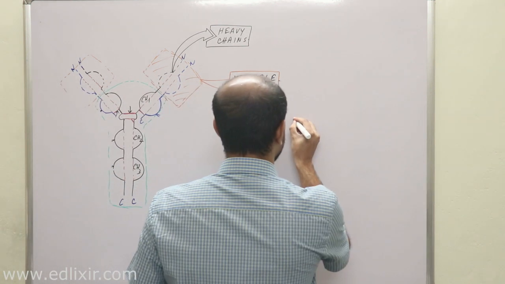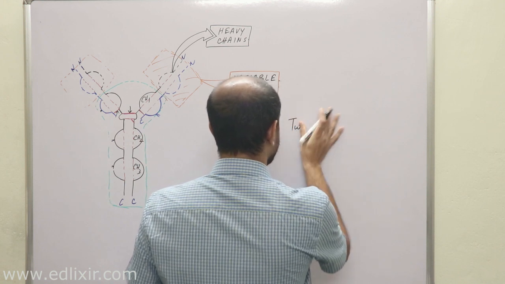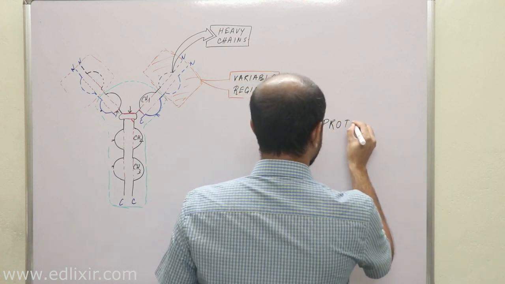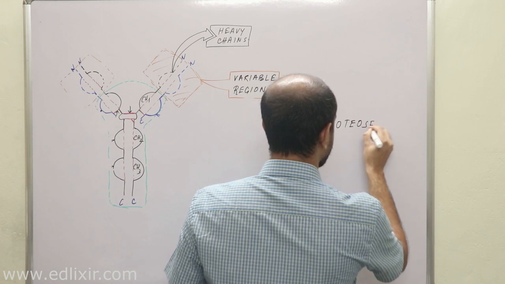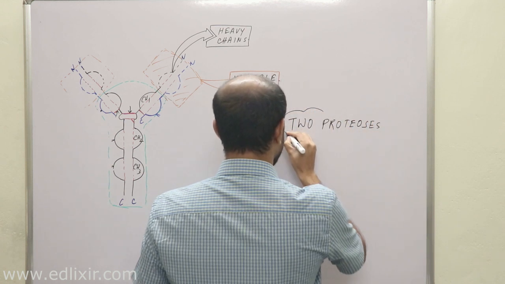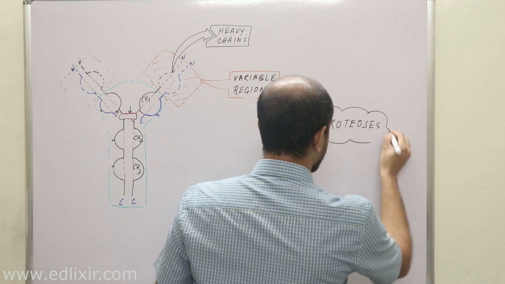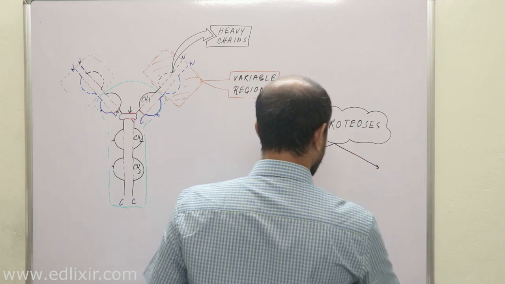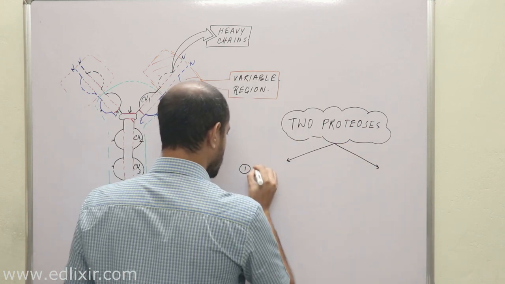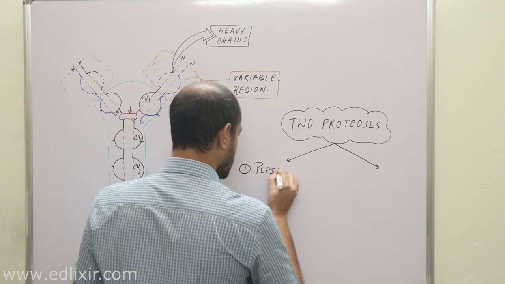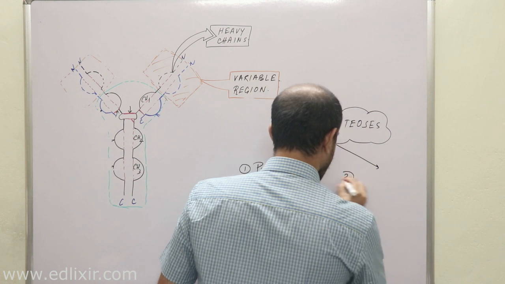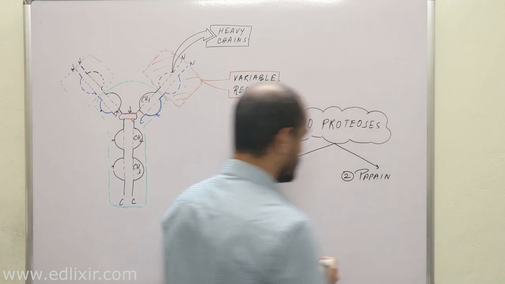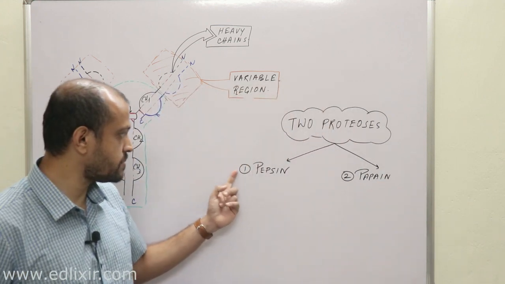There are actually two proteases which are way more important than you think. Number one, pepsin. Number two, papain.